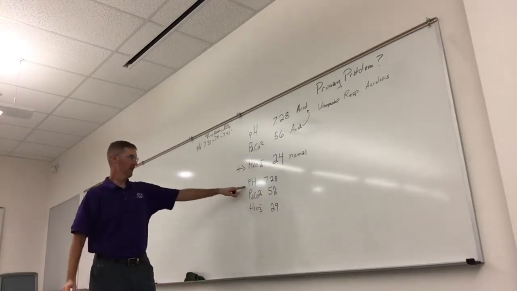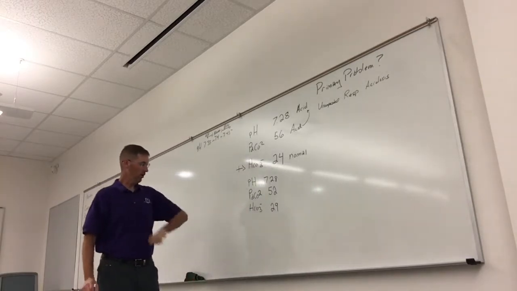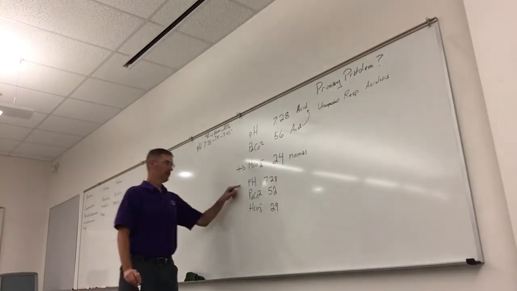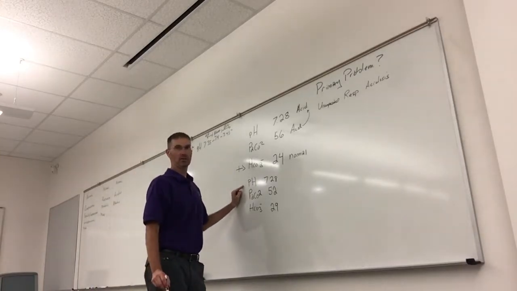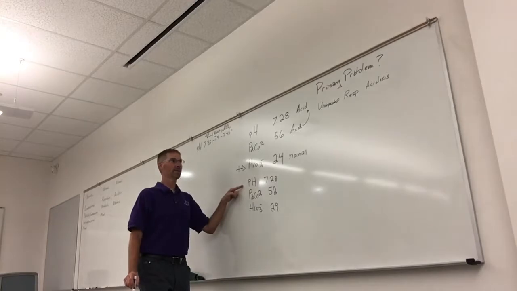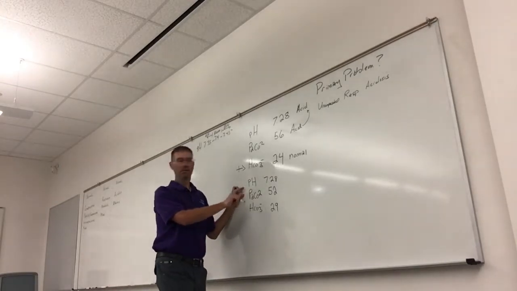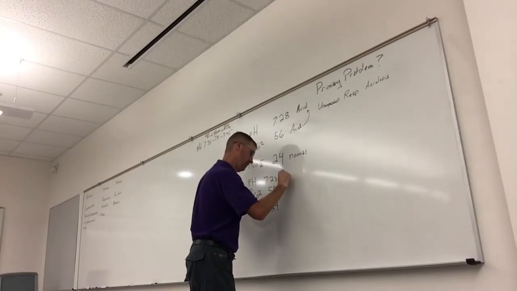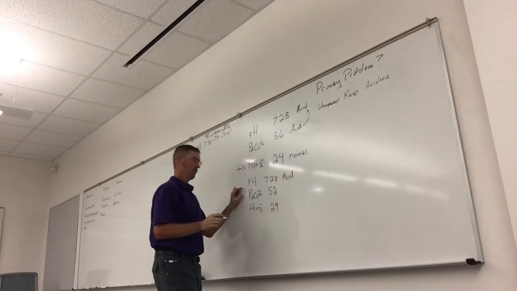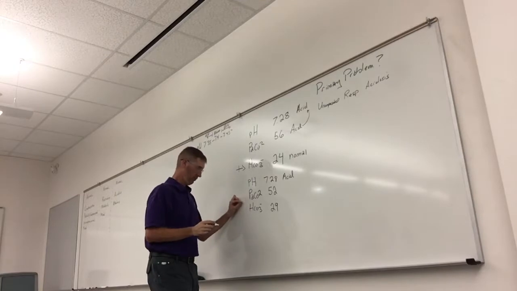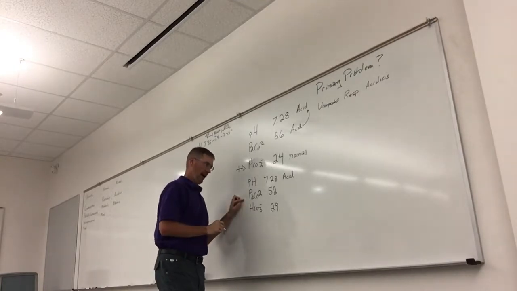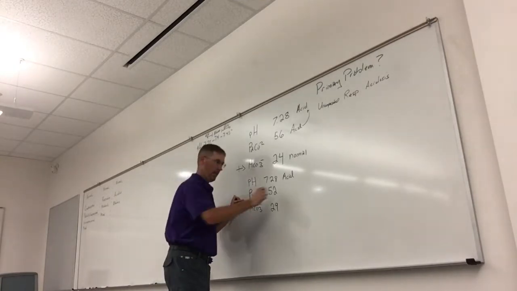So here we go, pH 7.28, CO2 52, bicarb 29. So let's look at the pH. Acid, acid normal, base, base normal, acid, or base? Acid, you all see that there? So, acid. Okay, and so we've got a problem. What's causing that problem? Let's go down. CO2, acid, base, or normal? Acid.